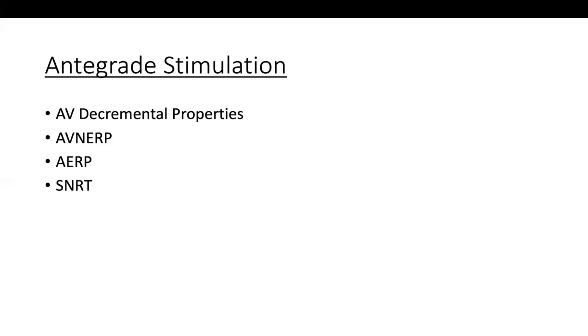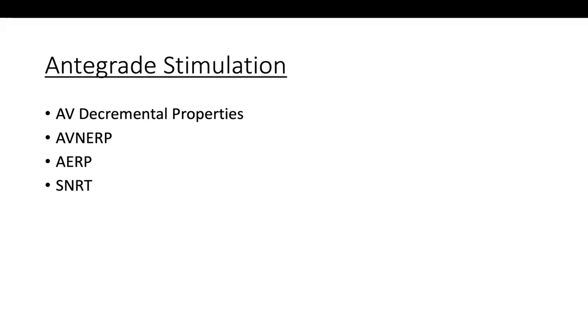AV node ERP, the effective refractory period, is reached when you pace the atrium and you are unable to get into the ventricle through the AV node. Atrial ERP, the atrial effective refractory period, means the atrial tissue cannot be stimulated anymore.